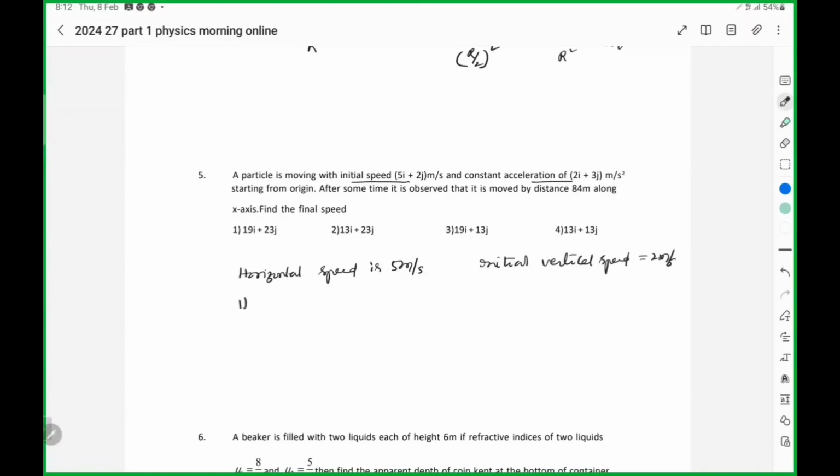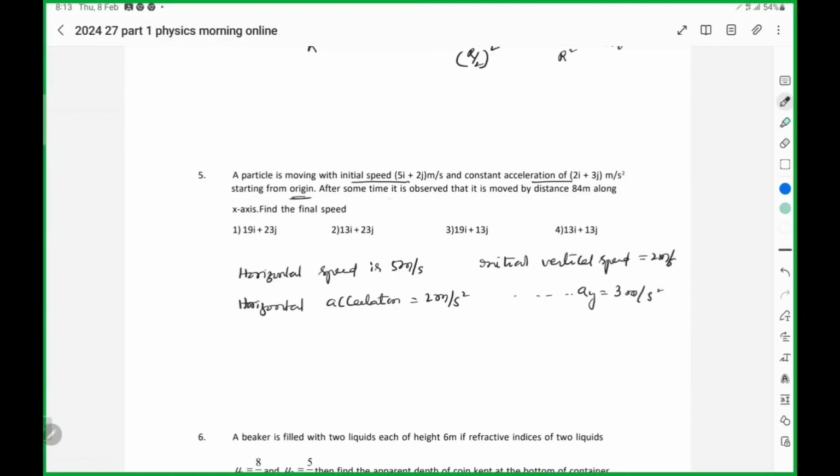So the acceleration in the x direction is 2 meters per second square. Here is the acceleration in the vertical direction. It starts from the origin.